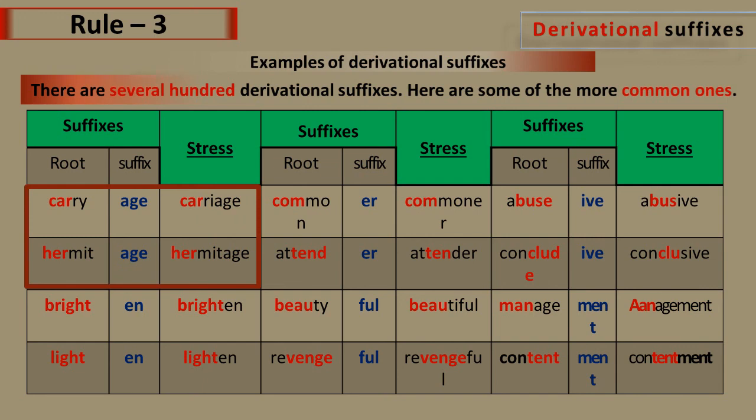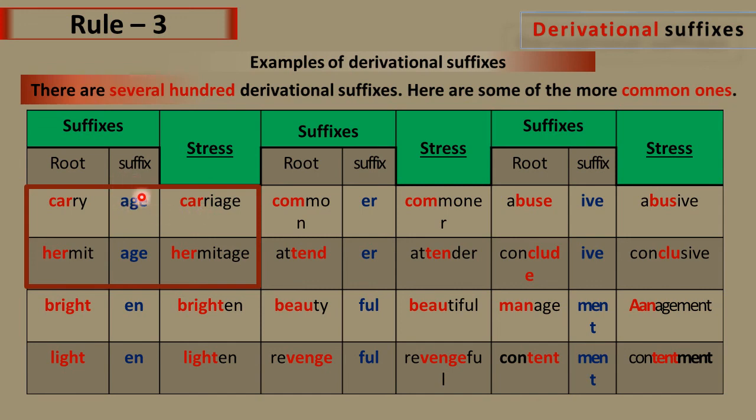But all the time you learn about derivational suffixes, you have to remember two important points. The first one is derivational suffixes can change the class. See, the root word is a verb, the derivational suffix is "y," and the stressed word is "carries," and it is a noun. I'm repeating, this one is verb, suffix, and this one is noun.